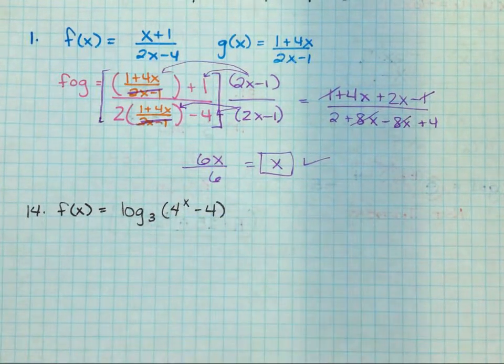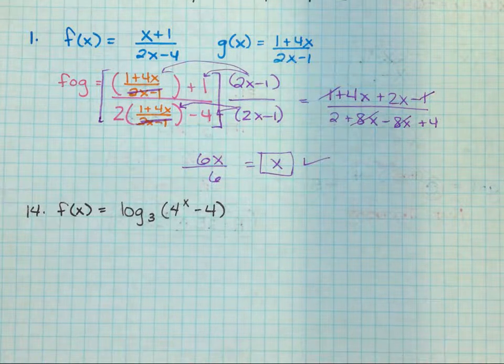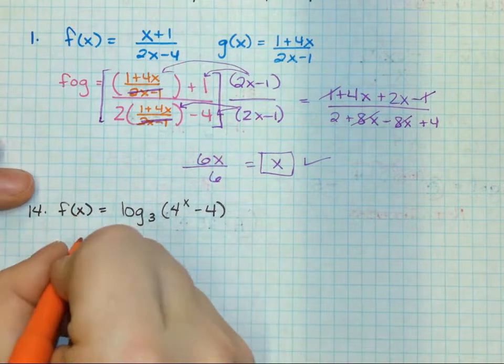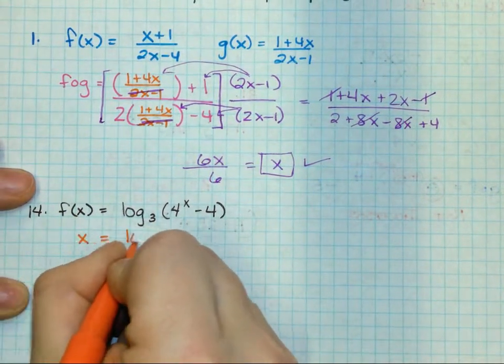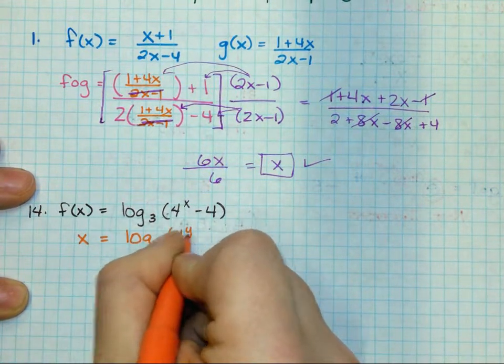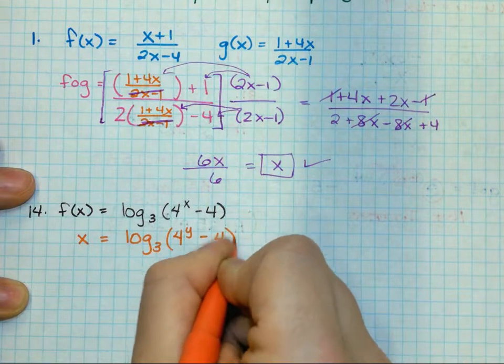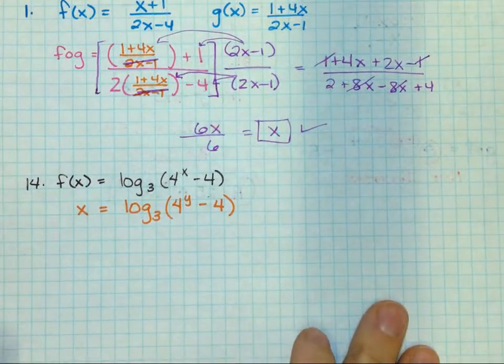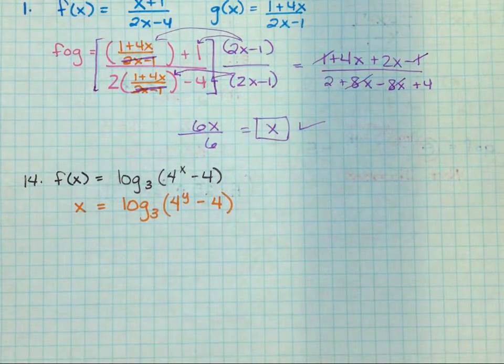Okay, how do we find an inverse? Switch x and y and solve for y. So now I have x equals log base 3 of 4 to the y minus 4. Now, there are several different ways that you can get rid of this.